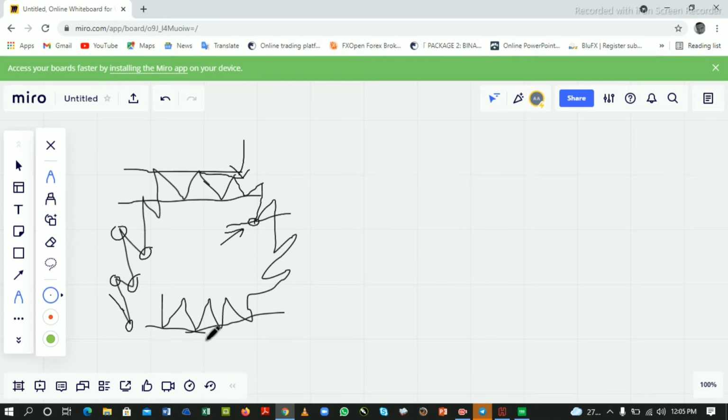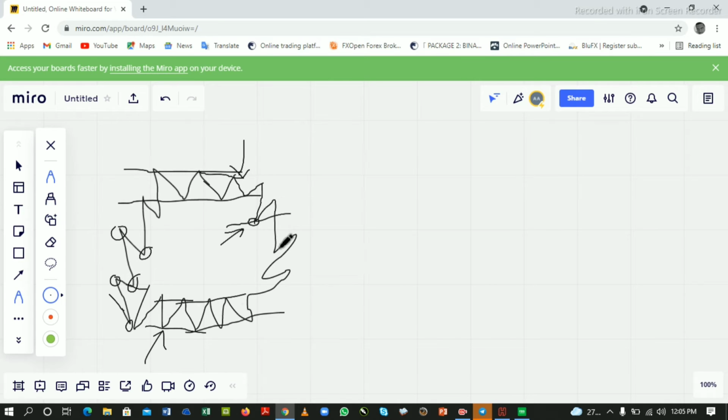Once you see this, this is your first, another signal here. Okay? Boom. It breaks this level and joins. It will join here. It will break this level and join here. Hope you understand.